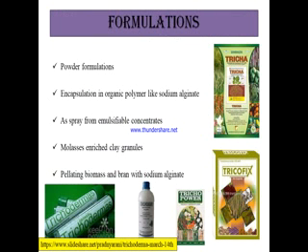They come in a variety of formulations: powder formulation, encapsulation in organic polymer like sodium alginate, spray form, emulsifiable concentrates, molasses, enriched clay granules. These are all available worldwide. Pelleting biomass and bran with sodium alginate.